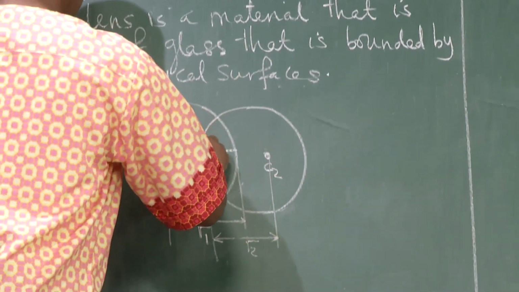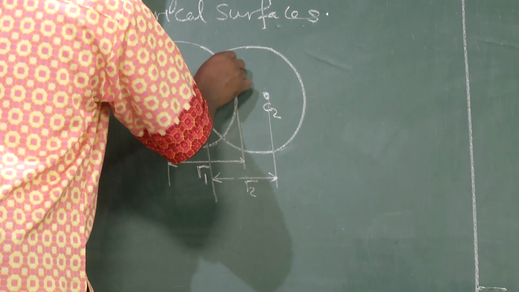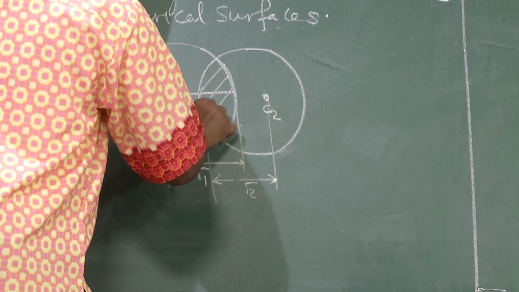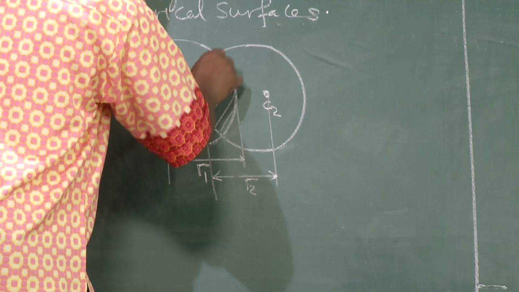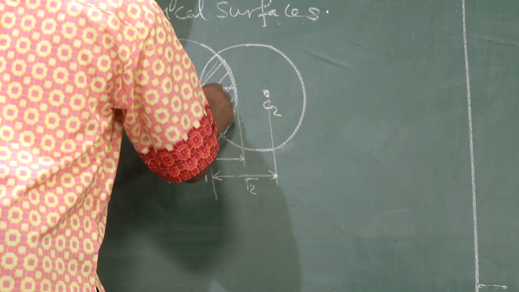Now, this part bounded by the two spherical surfaces that I'm shading gives us what we are calling a lens.